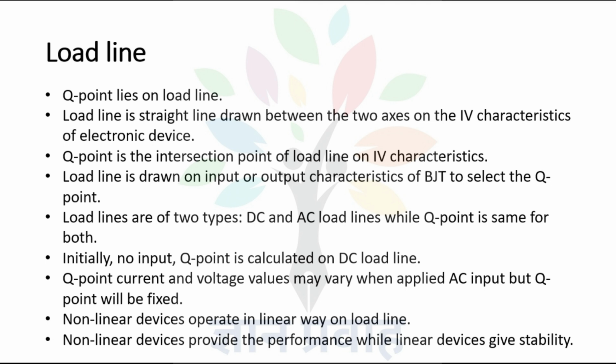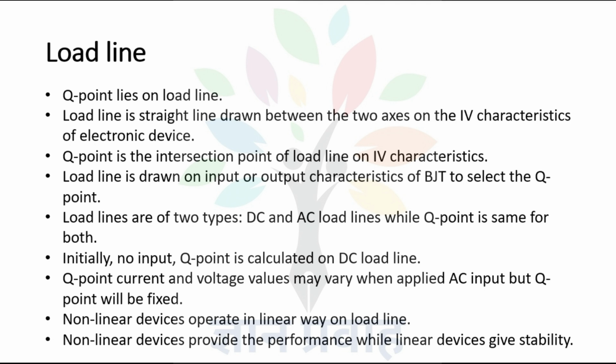And there are two categories of load lines. One is the DC load line, the second one is the AC load line. In case of the DC load line, the Q point is selected before applying any input voltage. So there is very little chance for this Q point to deviate on the load line.